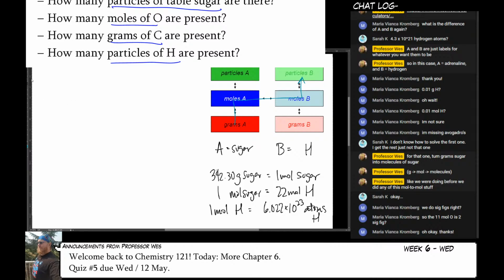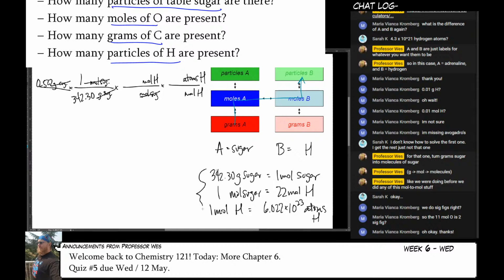And then we'll go set up the problem in exactly the same way. I'm going to abbreviate sugar now just because we've written it so many times here. And then, again, we'll run the numbers.